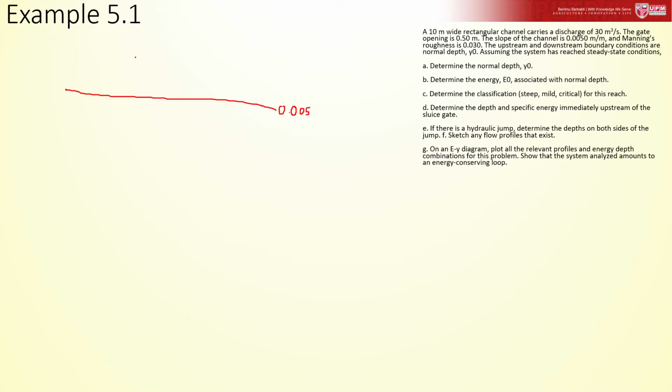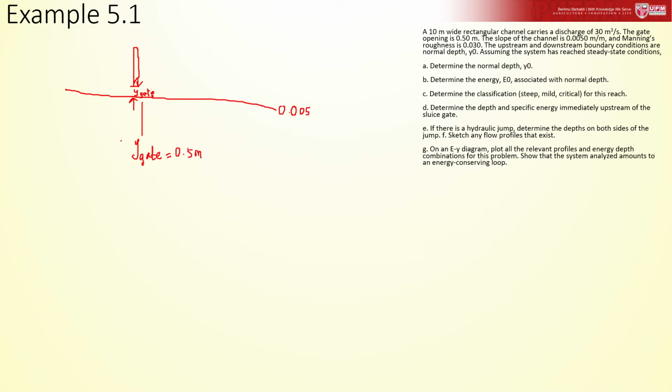Somewhere at the upstream, you have a gate, and it's given that the distance between the gate to the bottom of the channel, this is y gate, is equal to 0.5 meter.